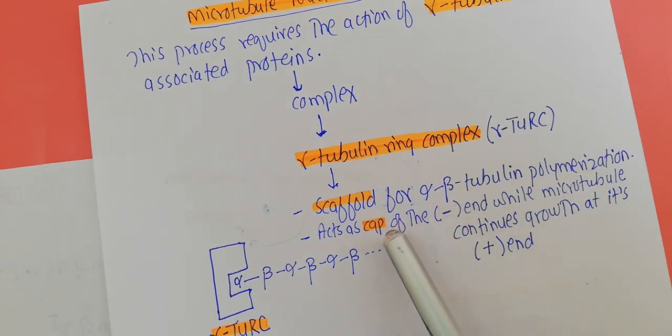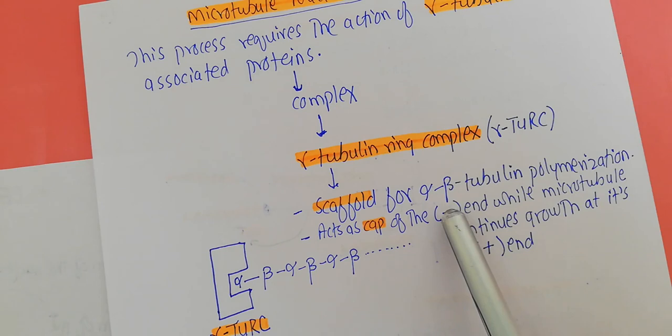It also acts as a cap for the minus end of the microtubule, while the microtubule continues its growth at its plus end. As I've told you earlier, the beta end, the plus end, is responsible for elongation and shrinkage, while the minus end acts as a stable end of the microtubule.